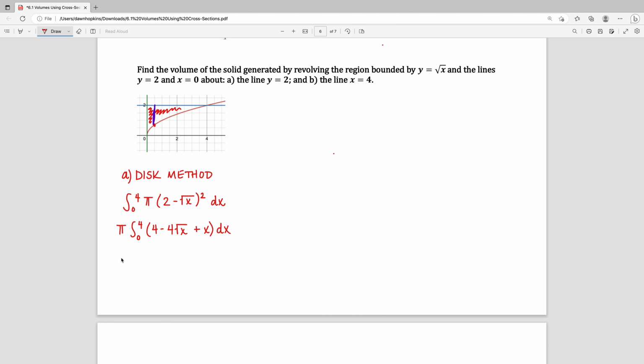Integrating that, we end up with 4x minus, it's 4 times x to the 3/2 power over 3/2. In other words, it's 4 times 2/3, x to the 3/2 power. 4 times 2/3 is 8/3, x to the 3/2 power, plus x squared over 2.